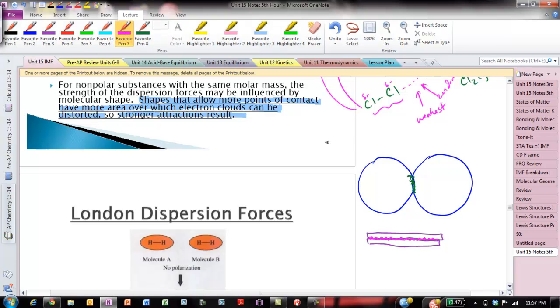So they're able to form these intermolecular connections all the way across. Whereas with two spheres, that's the only intermolecular force right there. If that's all you've got, that's going to be easier to break than all of these connections that happen over and over and over. So that's what the shapes are: more points of contact, the more positives and negatives that can actually touch each other.